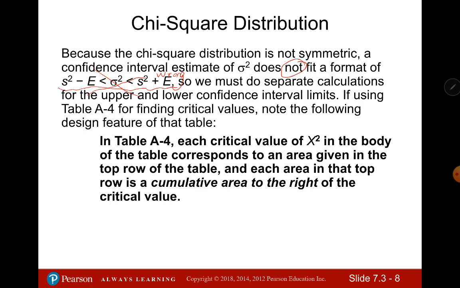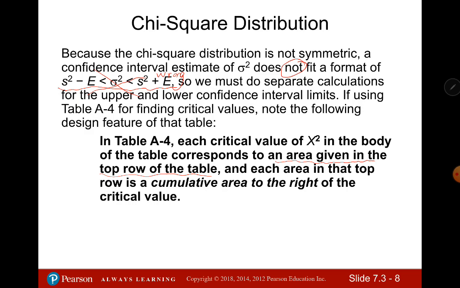And the chi-square table corresponds to the area in the top row, just like the t table. Remember, in the t table, the very top row shows you the area in one tail.